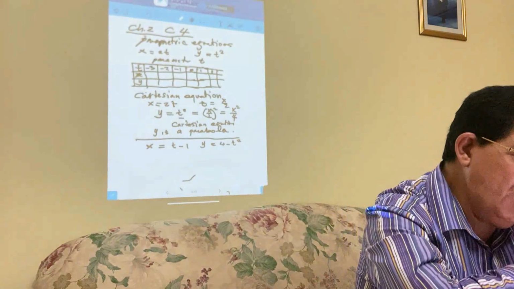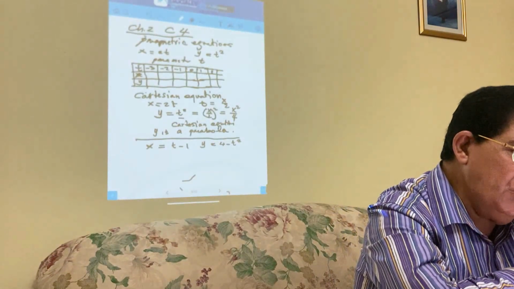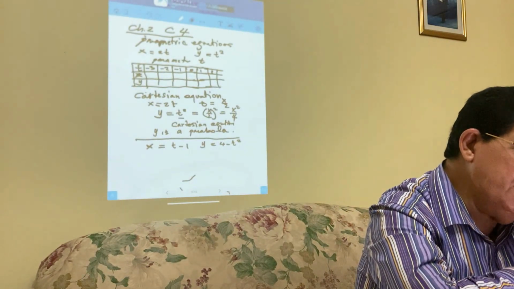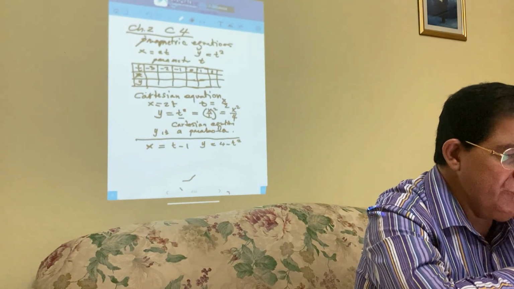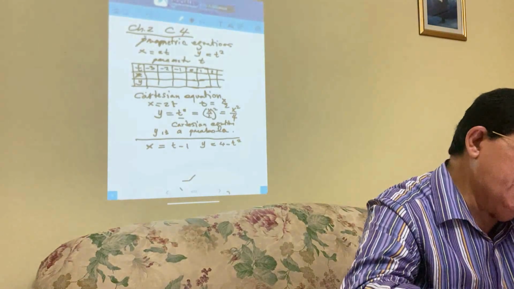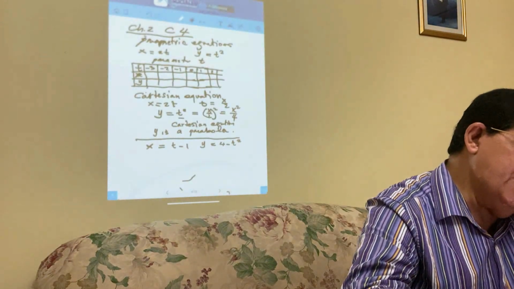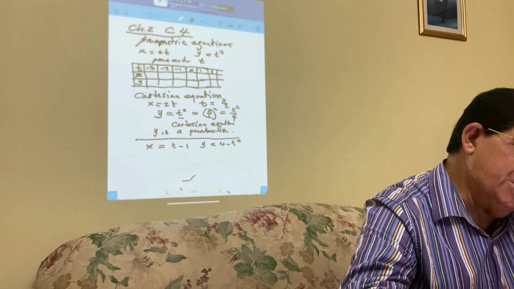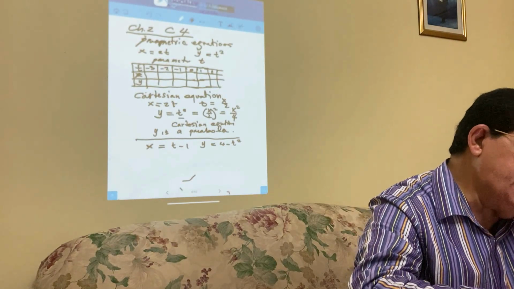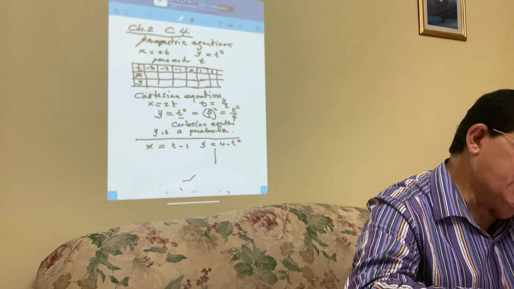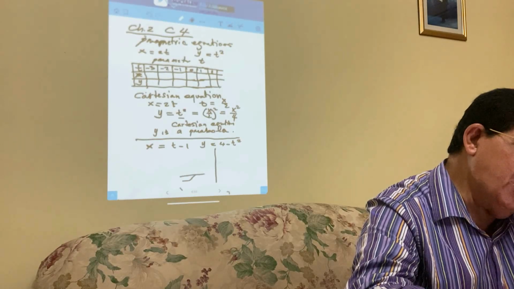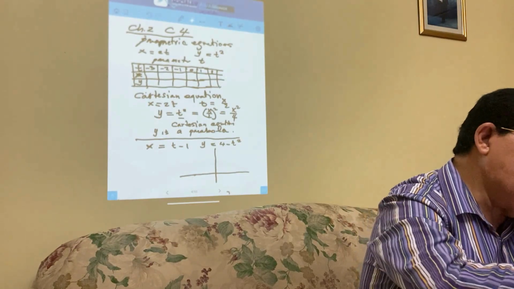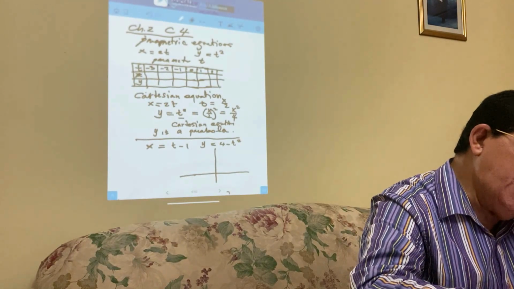This equation, we are going to know later from getting the Cartesian equation, is also a parabola, but it's an inverted parabola. It is given to us that the parabola is like this.